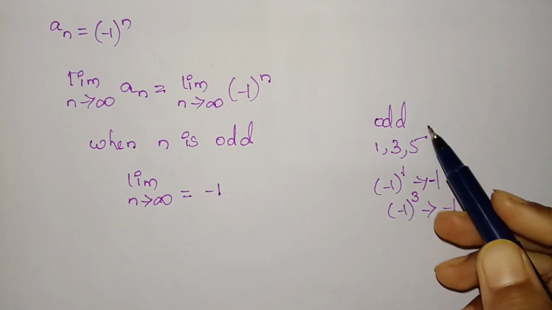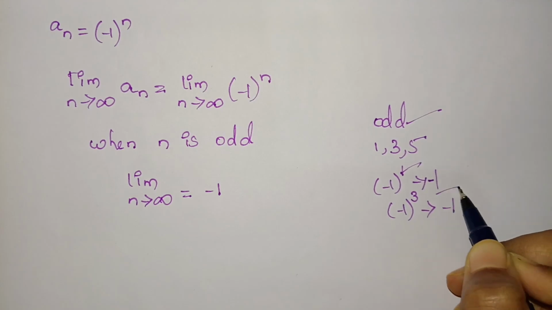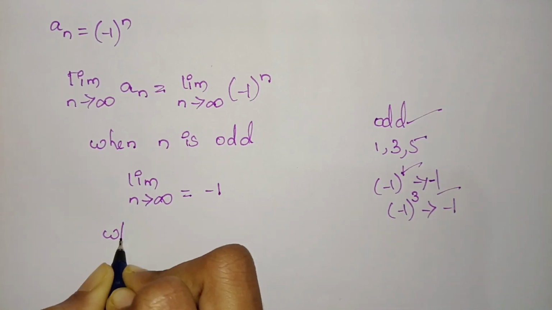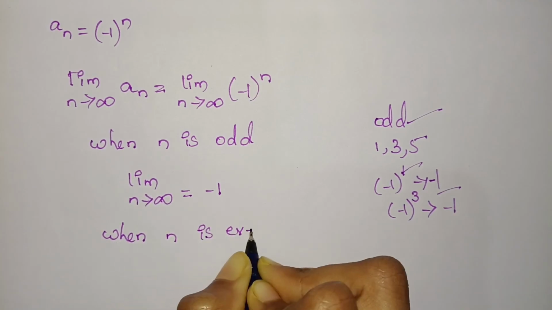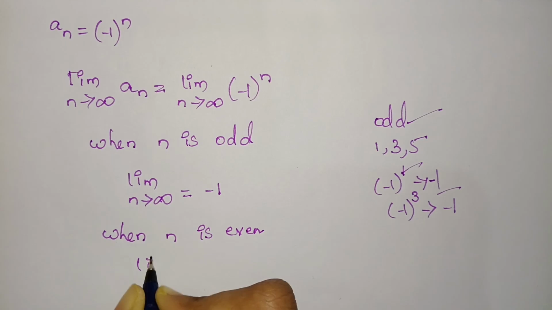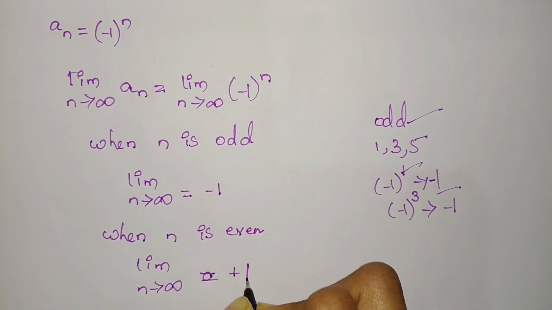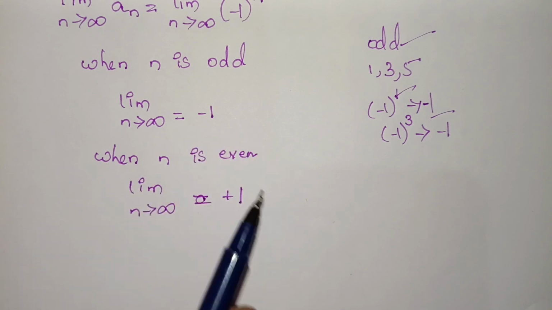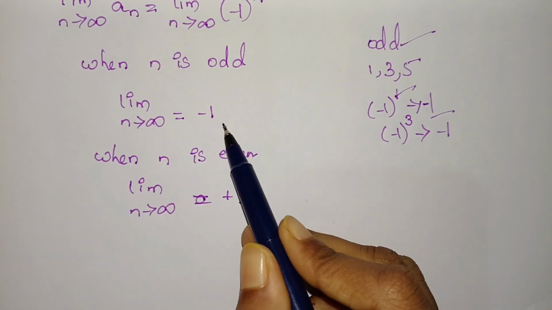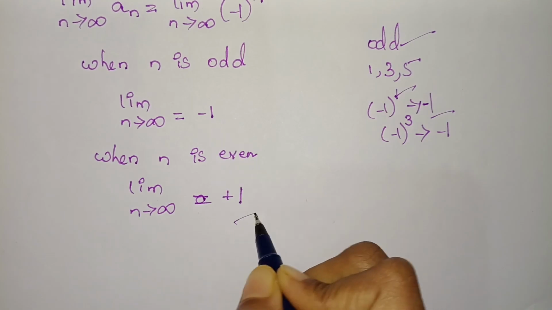So when we keep odd numbers in place of n, we get minus 1, and when n is even, then the limit is equal to plus 1. So here the limit does not exist because the limit values are not unique, because we got minus 1 and plus 1, two numbers, right?